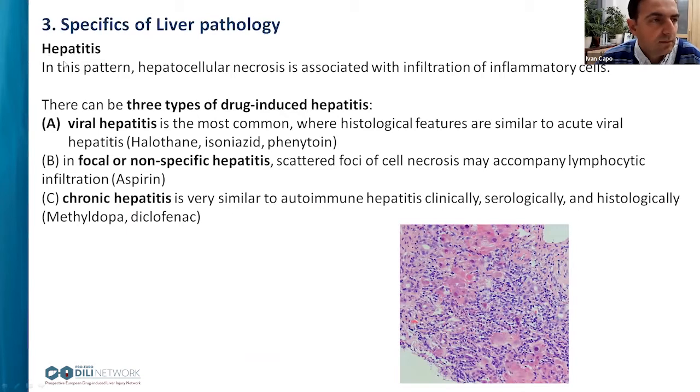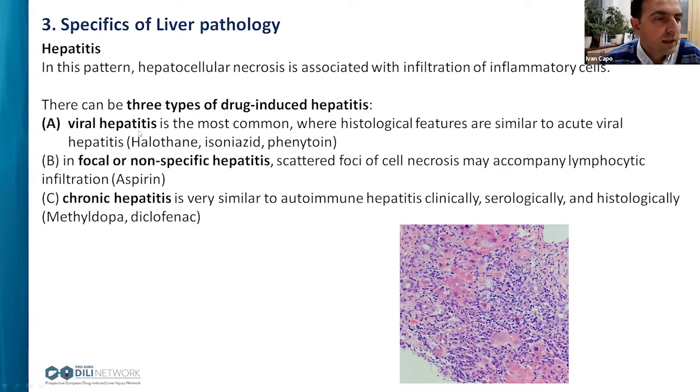In hepatitis, we usually say that it is viral hepatitis, but drug-induced hepatitis can also be like the viral form, which is actually similar, and we need some immunohistochemical confirmation that it is not viral.